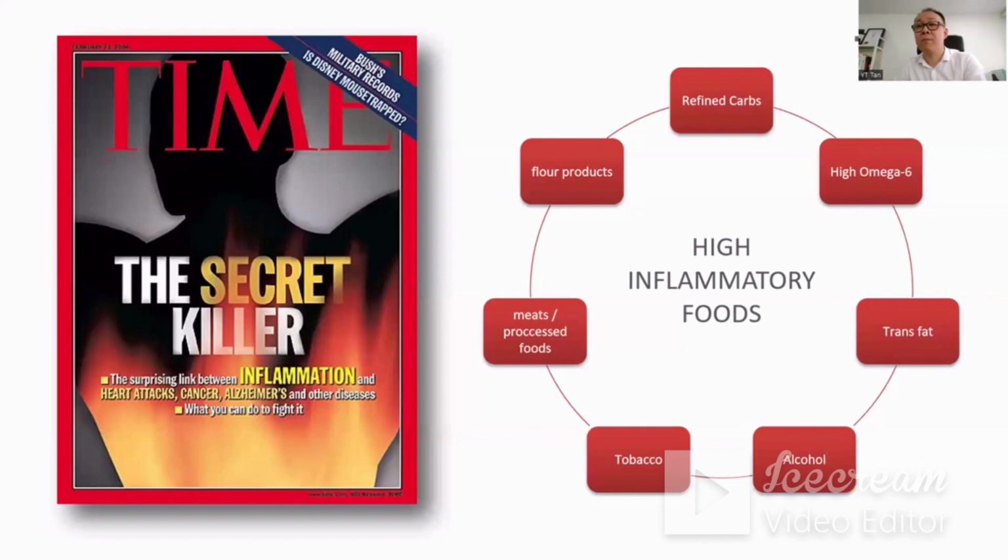Whatever you buy from the market, the vegetable oils, canola oil, sunflower seed oil, and what else? Even if you are buying olive oil for cooking purposes, the olive oil for cooking also contains high omega-6.